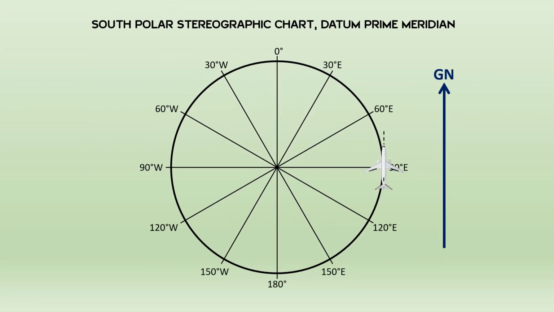On the screen is a diagram representing a South Polar Stereographic Chart with the prime meridian acting as the datum meridian. The center of the circle represents the geographical South Pole. Therefore, the direction of true north is away from the center as denoted by the red triangle.